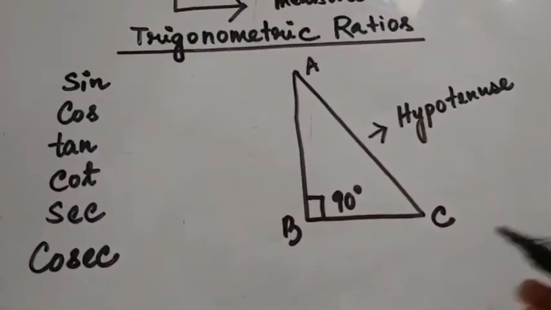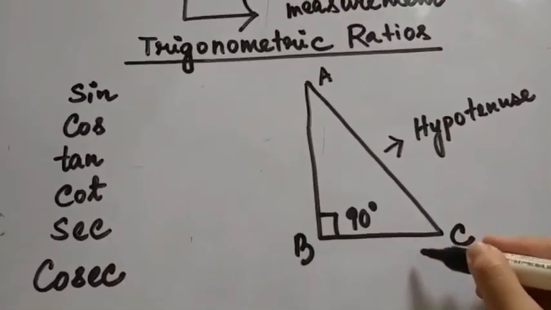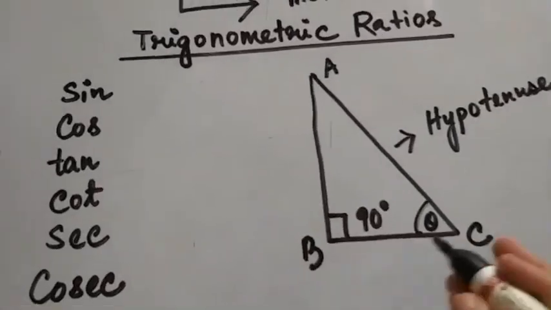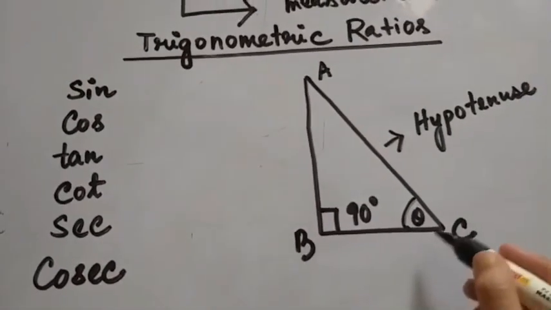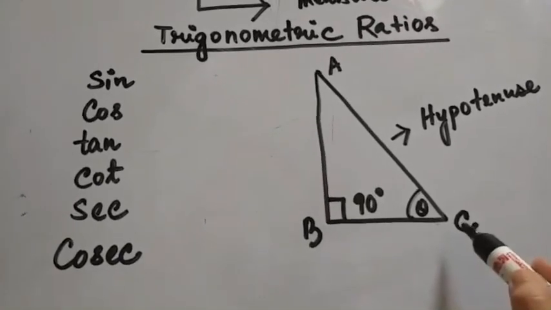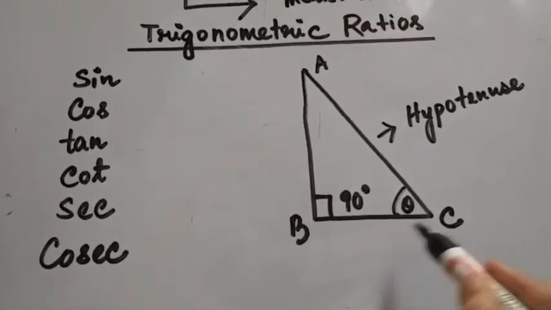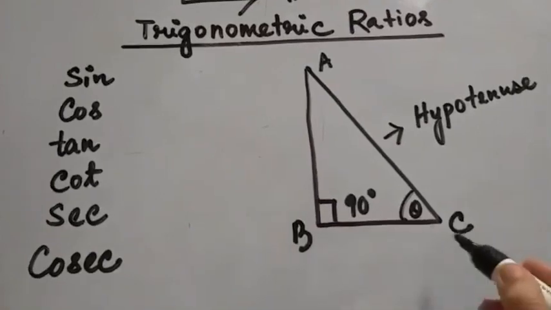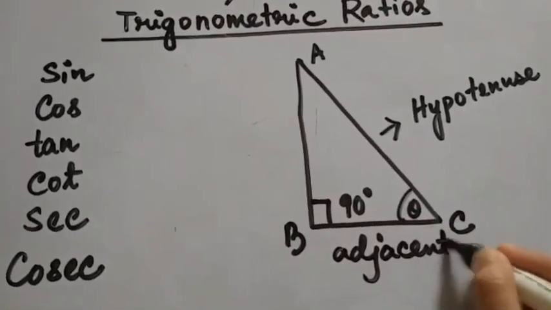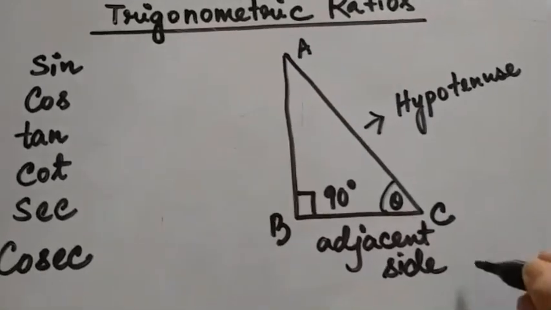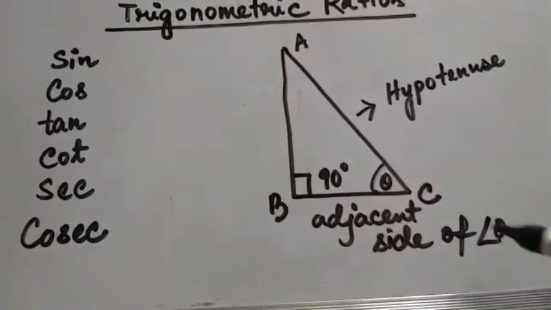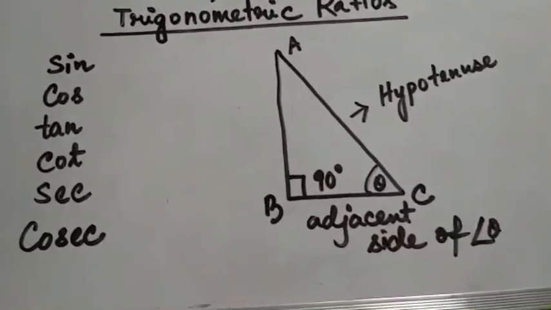Let us call angle C as theta. Now beside angle theta, which side is situated? Side BC. So BC side is called the adjacent side of angle theta because it is situated beside angle theta.